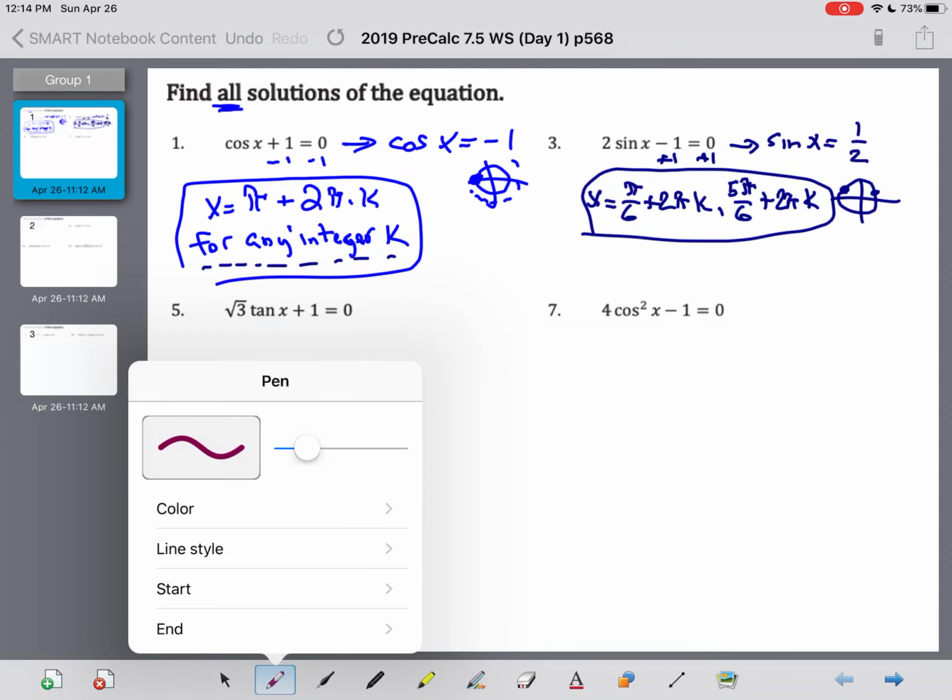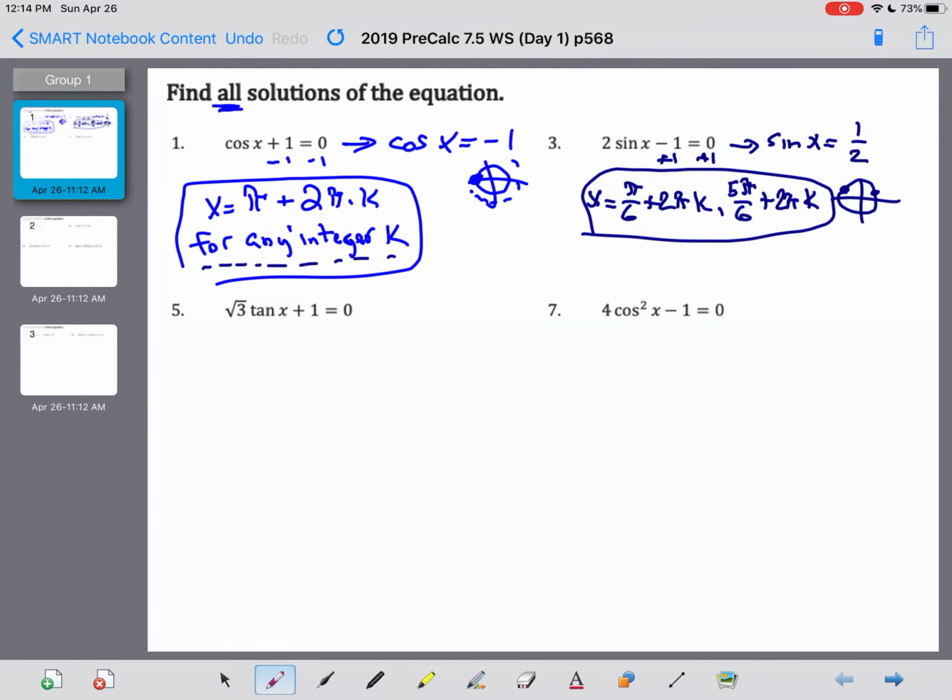I'm going to go here. I'm going to subtract the 1 over, and then I'm going to divide both sides by √3. So I'm going to get tangent of x equals -1 over √3. And again, checking my unit circle, it's going to be here, and it's going to be here in this case.